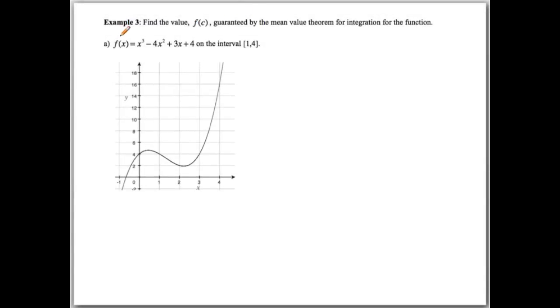Okay, so we're going to take a look at an example, and we want to find the value f of c that is guaranteed by the mean value theorem for integration for the function. Here we have the function x cubed minus 4x squared plus 3x plus 4, and we want to do this on the interval from 1 to 4. So let's draw that interval.